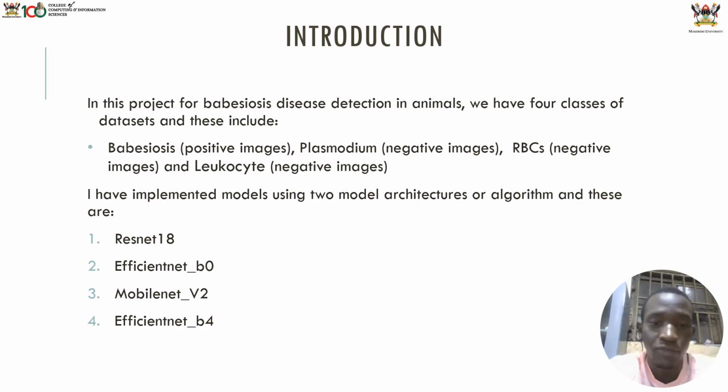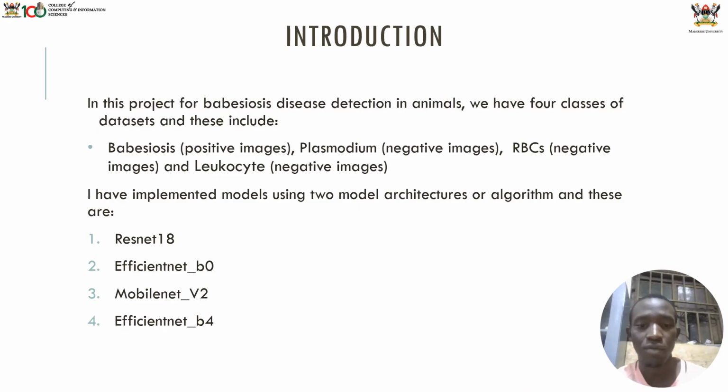In this project for babesiosis detection, I will basically have four classes. These include the babesiosis, which consists of the positive images which are diagnosed with babesiosis, the plasmodium images, which are negative, but they resemble babesiosis.